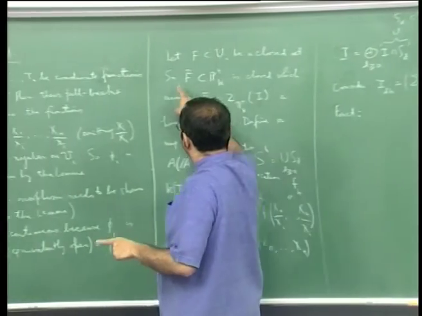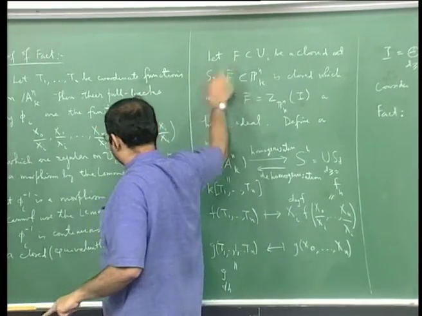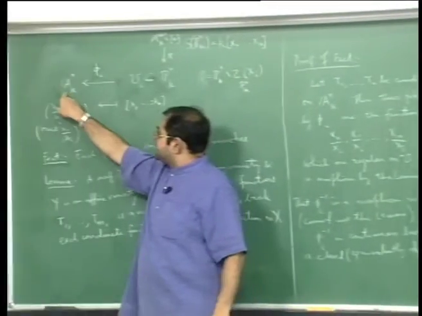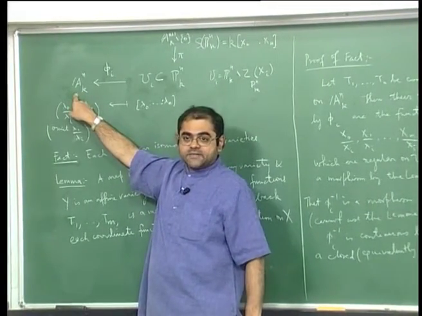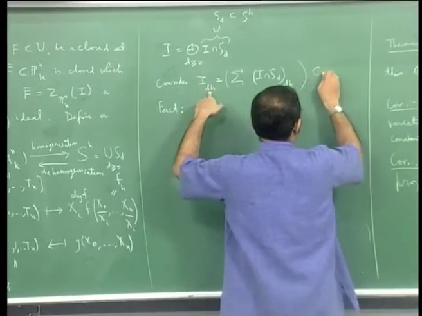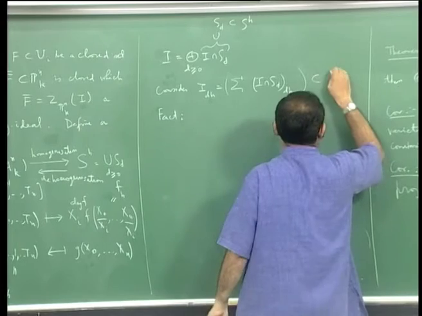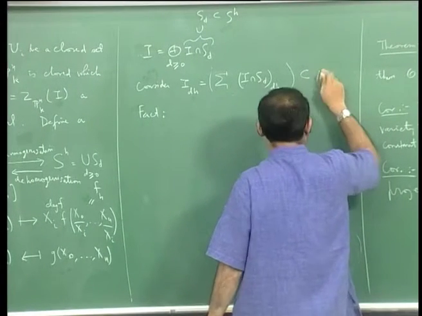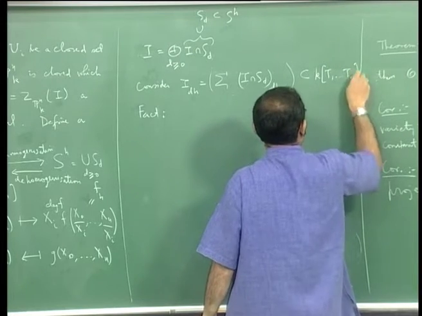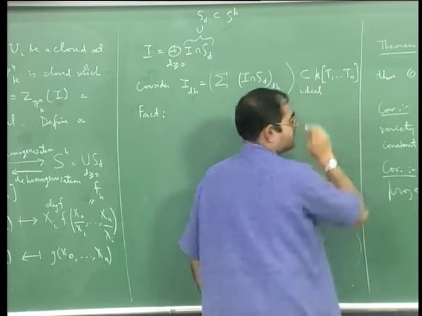the image of this f under this phi is, I have to verify it's a closed set, and what is a closed set? It's just the closed set of this ideal. Mind you, this ideal is an ideal in A, in K[T1, ..., Tn].